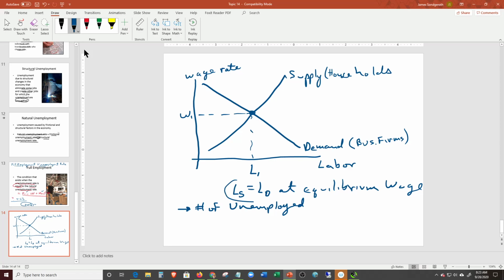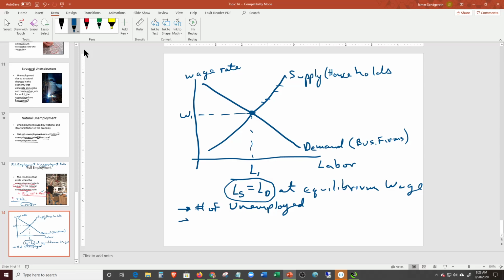The reason I'm saying this, you would think there would be no unemployed here, but actually there are people up here who would take a job if the wage were higher. Then maybe they're looking for jobs, and maybe they're counted as unemployed, right?